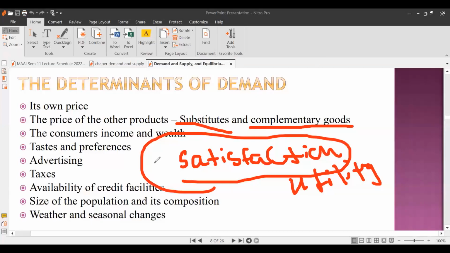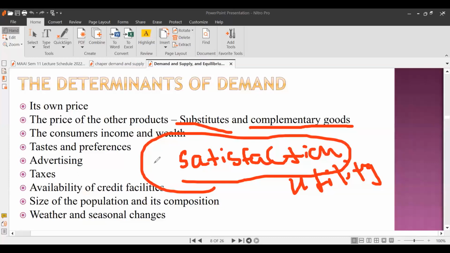If we consider the complementary good, what does it mean? Both goods have to be used together, so that we cannot use one good without the other.